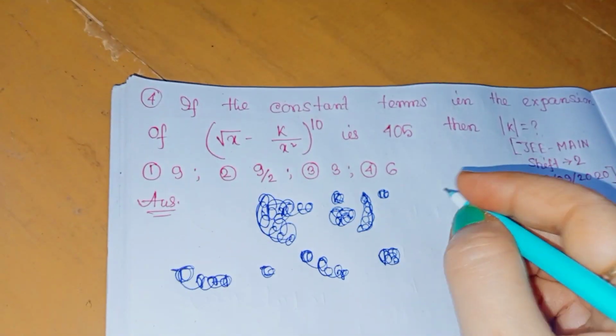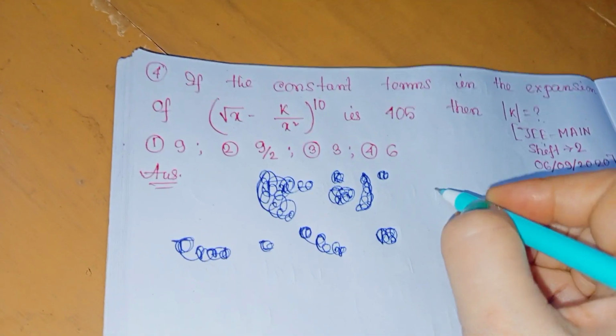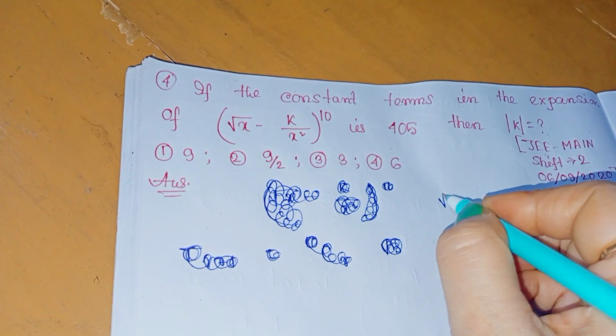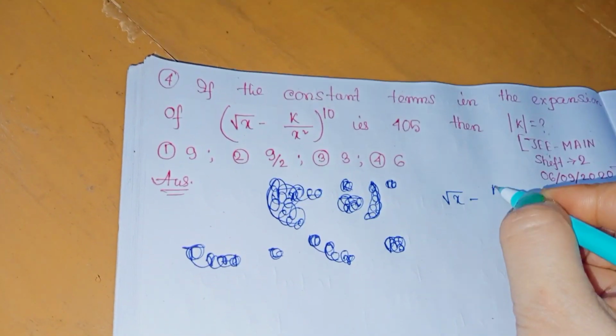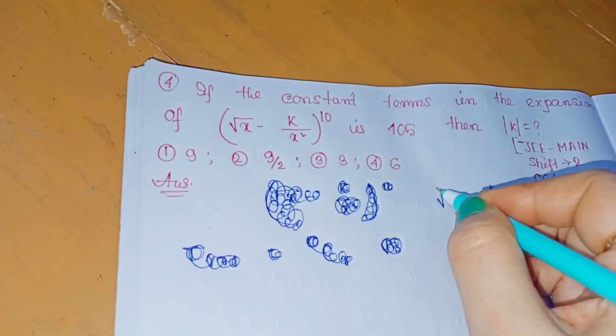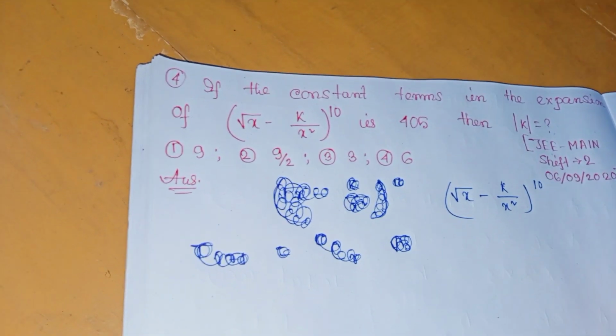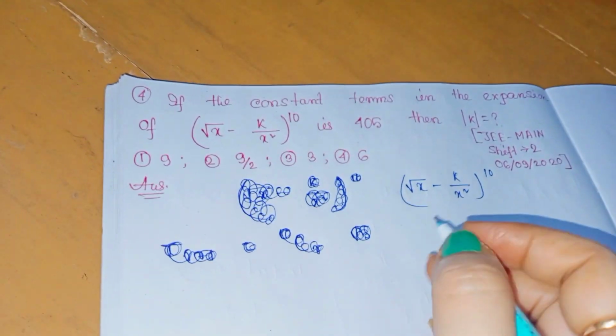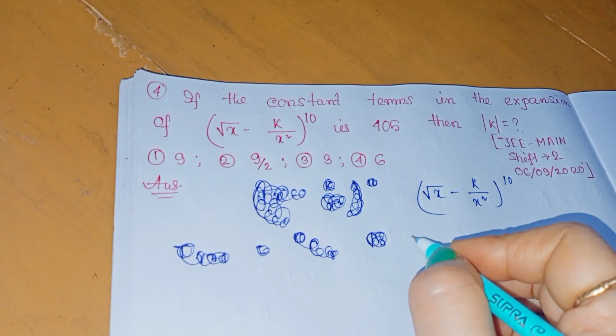At first, the given expansion is (root x minus k by x square) whole to the power 10. So we should calculate the general term.